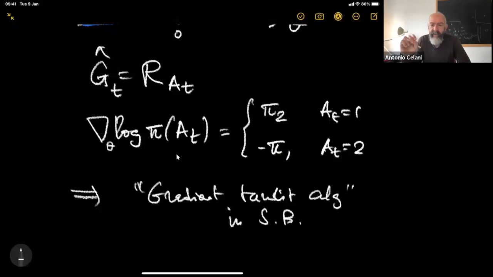So what are the problems of this algorithm, which I have to highlight from the beginning?